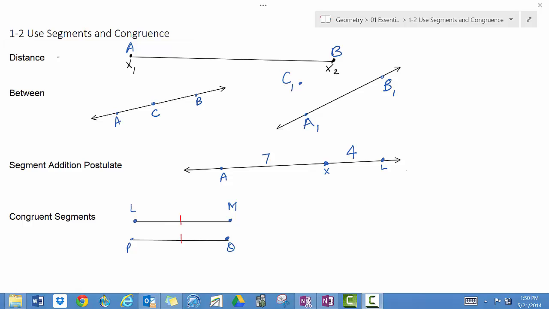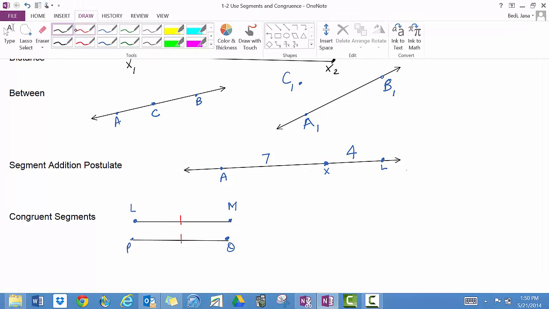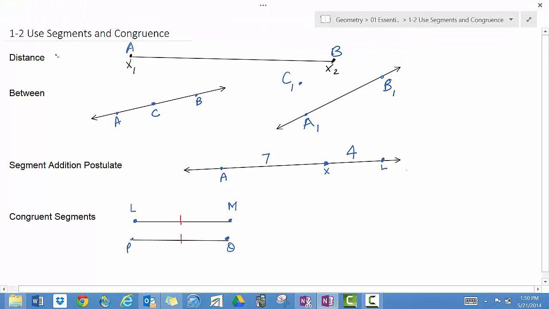The distance between any 2 points, and here we have a segment with endpoints A and B, is the difference between the coordinates of the points, and in particular it is the absolute value of the difference. When we want to indicate the length of a segment, we just write the endpoints of that segment in capitals.